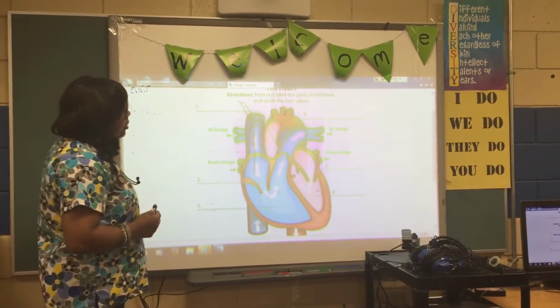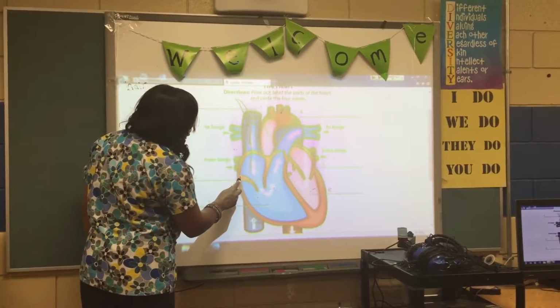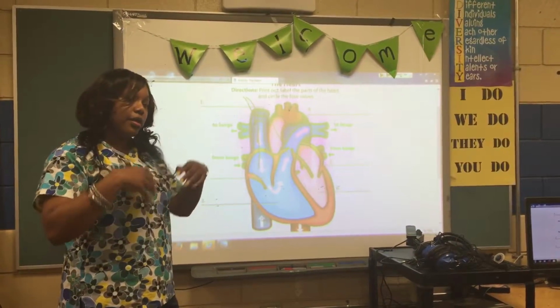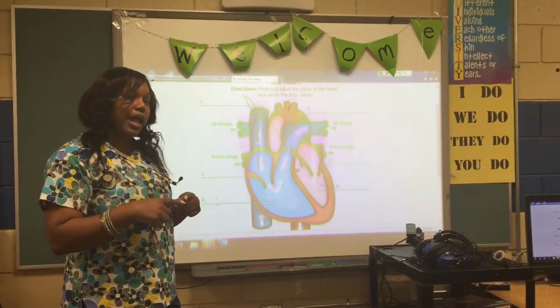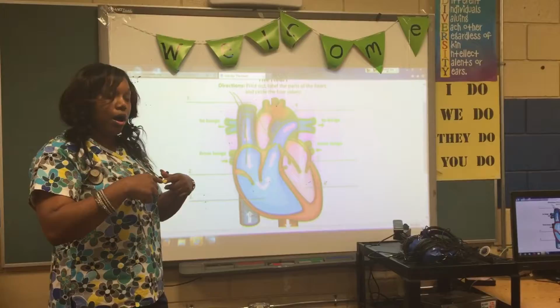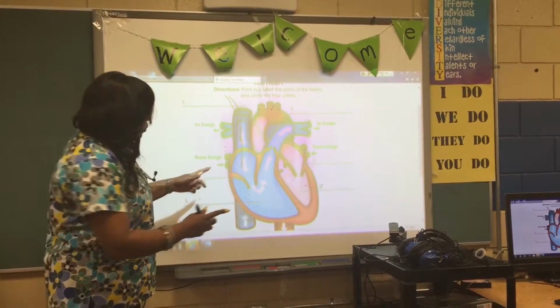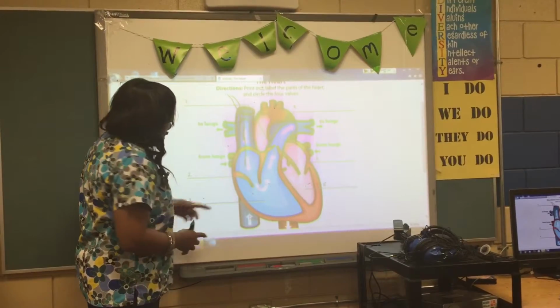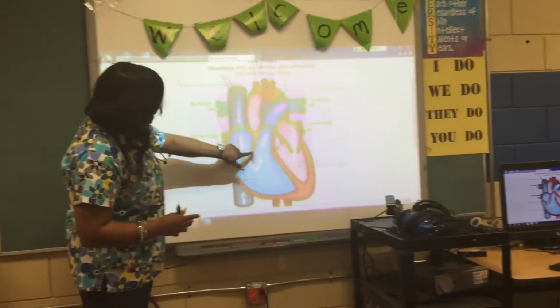Okay? Then once it goes into the right atrium, you have these valves. Now, a valve works kind of the same as the valves that you have in your home. When you close it, the blood is not allowed to pass through. So as you can see, this valve right here is open.